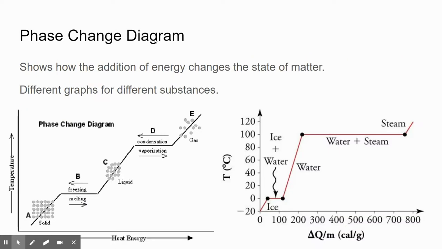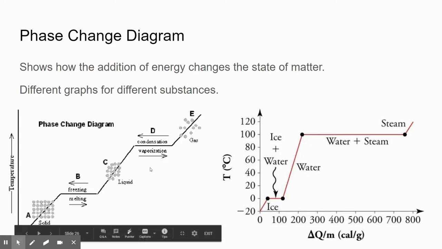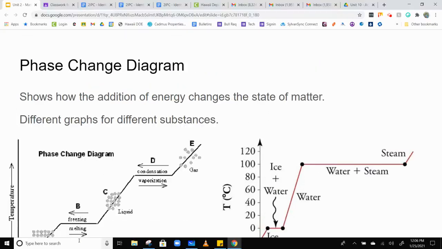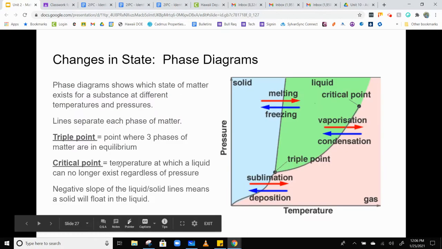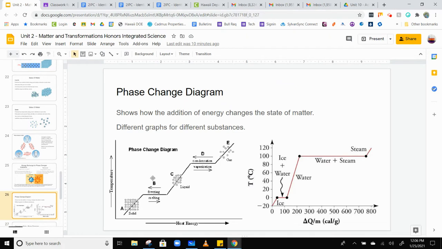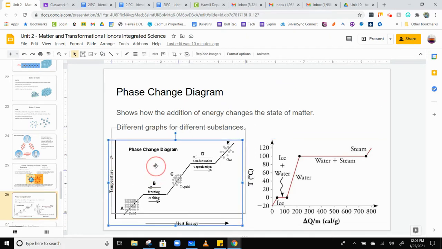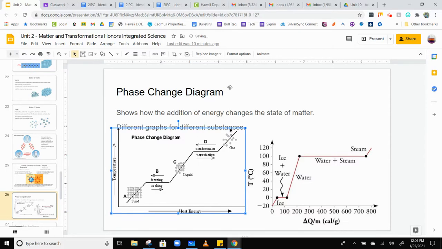Okay, these phase change diagrams show the change in phase of matter over time as we add heat energy to it. Okay, so what's happening here is we have on the y-axis temperature, or average kinetic energy, and then on the x-axis we have heat energy.